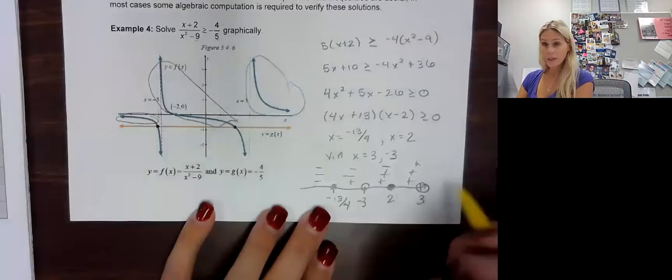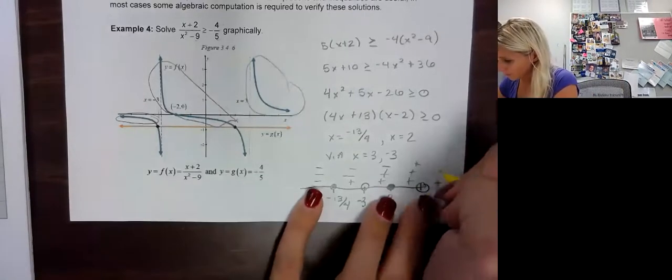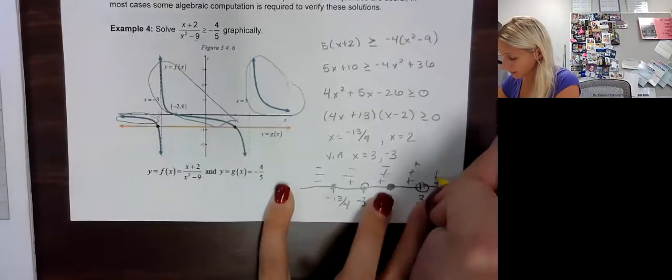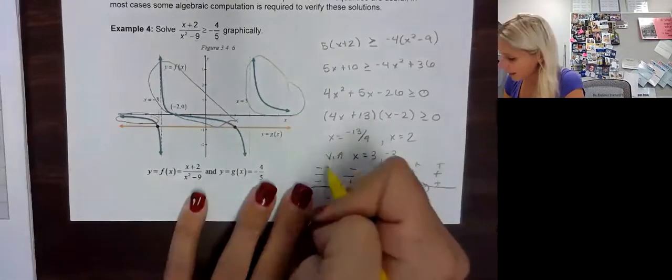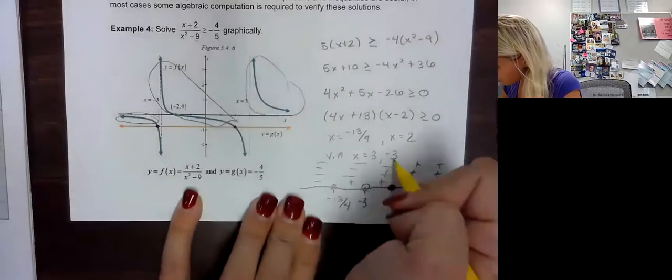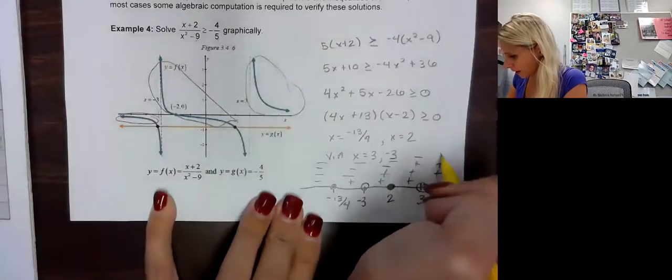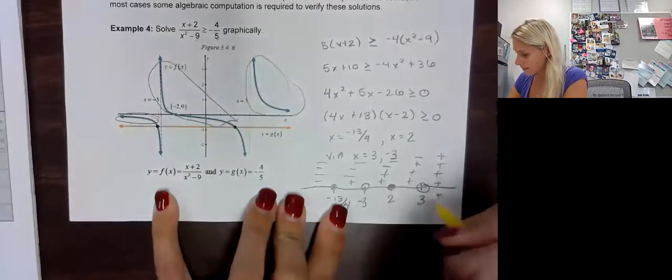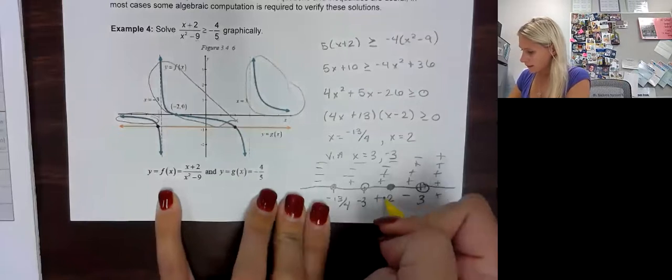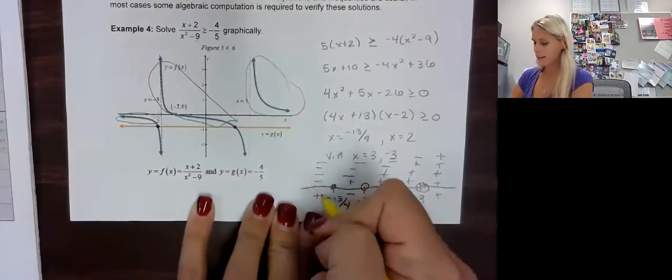Oh, I'm forgetting over here, guys. That's why I confused myself. And now I have my other row. There we go. So this is positive, negative, positive, negative, positive.